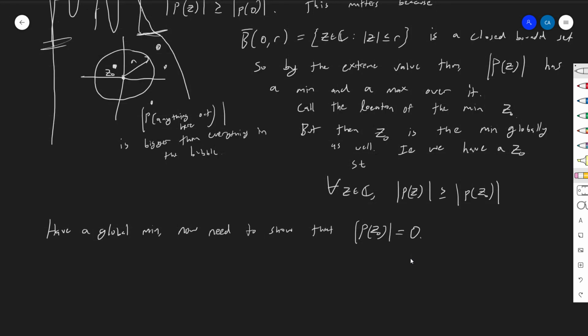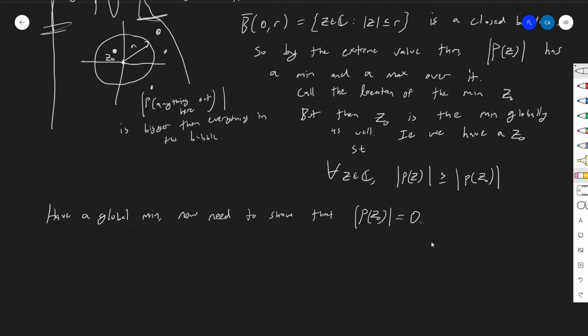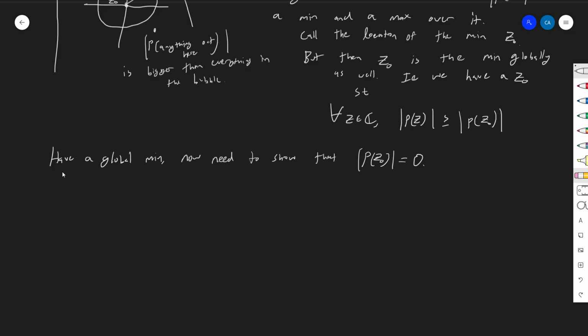So, as we said we were going to do, assume, by way of contradiction, that it isn't, i.e. p of z0 we're going to assume is greater than 0.